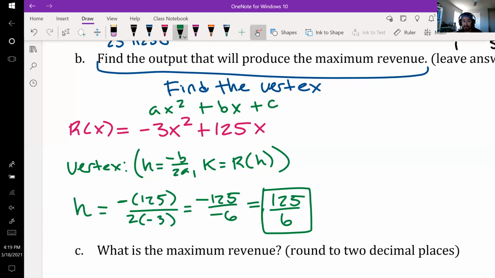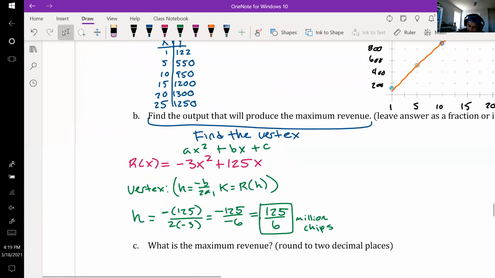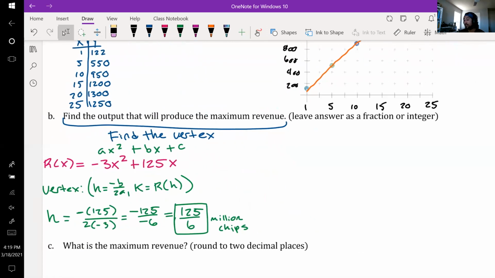It doesn't want you to put in a decimal number on MyMathLab. So 125 over 6 is going to be the amount of chips. So this is going to be 125 over 6 million chips. There we go. This is going to help you with your homework. So if we make 125 over 6 million chips, this is going to give us the maximum revenue.